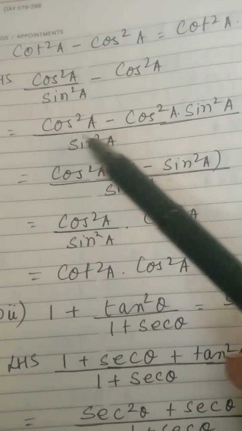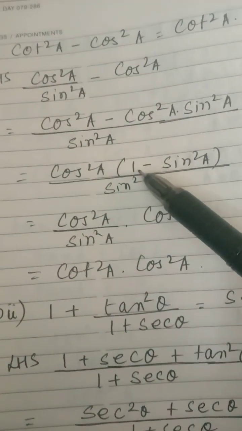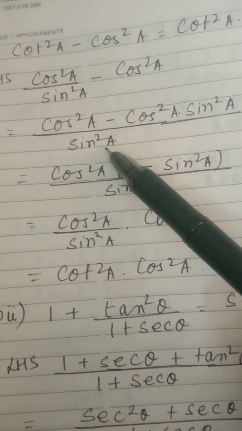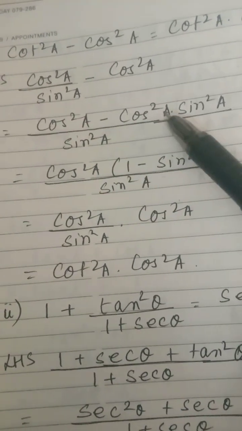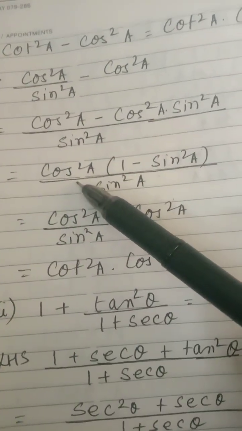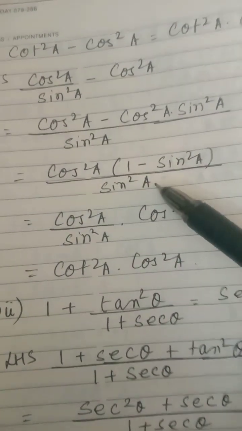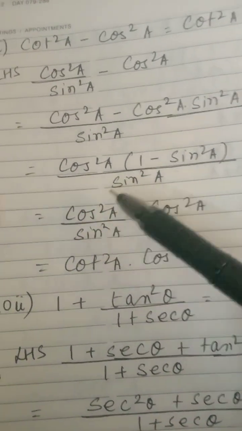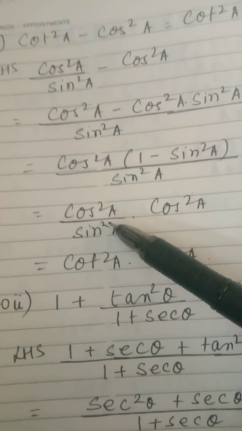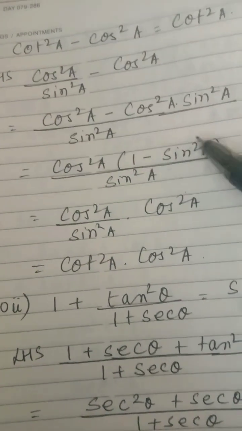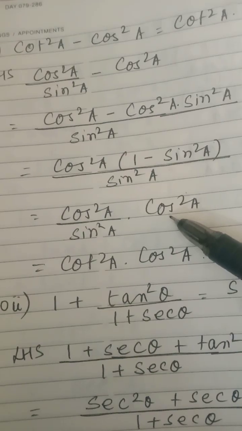Cos square A is taken common, so 1 will be left, because cos square A into 1 equals cos square A. Minus cos square A is taken outside the bracket, so sine square A will remain, by sine square A, equals cos square A by sine square A, and 1 minus sine square A equals cos square A.